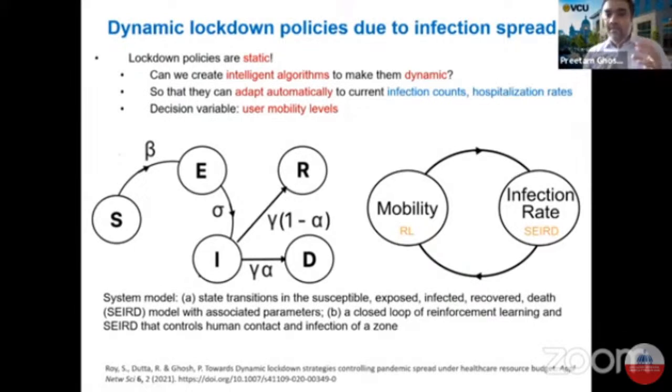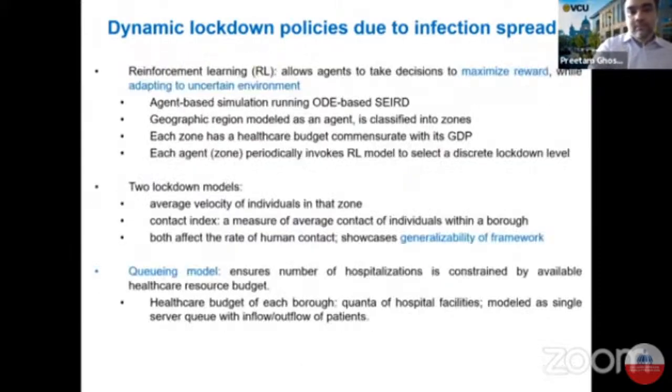The reinforcement learning model is where the intelligent algorithm was coded in, which was looking in real time at how each zone's infection counts are changing. And based on that, it is making a decision on what should be the lockdown level of that zone in that specific time period.